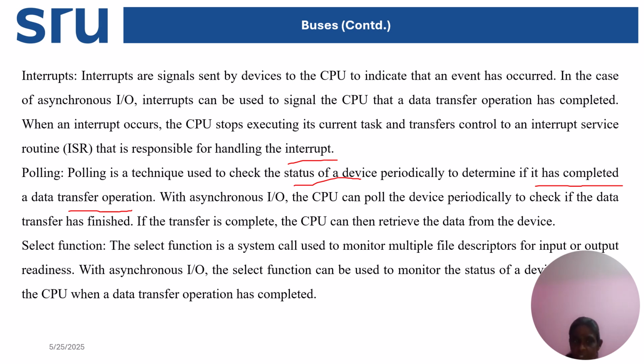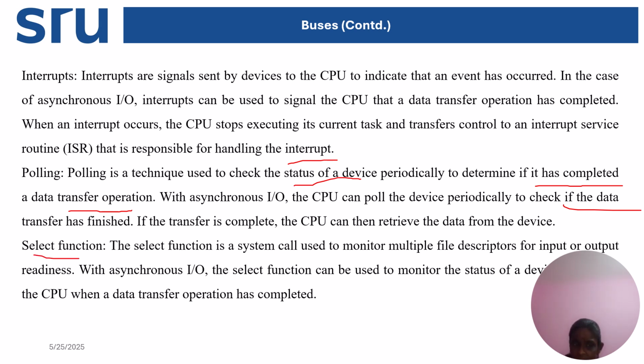How it is indicated means the CPU periodically asks whether the data transfer is completed or not. With asynchronous IO, the CPU can poll the device periodically to check if the data transfer is finished. If it is complete, then the CPU can retrieve the data from the device.